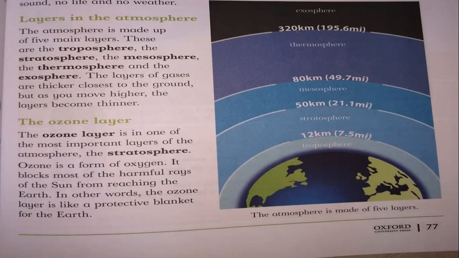The atmosphere is made up of 5 main layers. These layers are the troposphere, the stratosphere, the mesosphere, the thermosphere, and the exosphere. The layers of gases are thicker closest to the ground, but as you move higher, the layers become thinner.